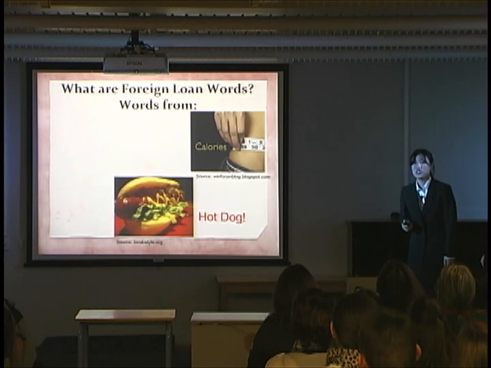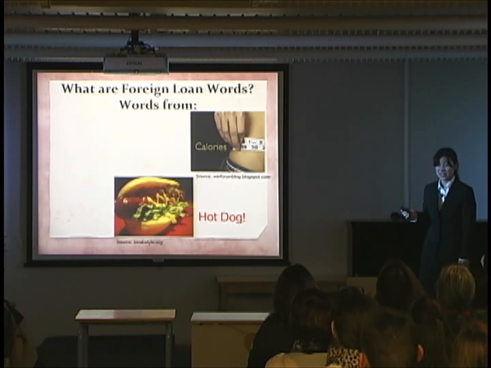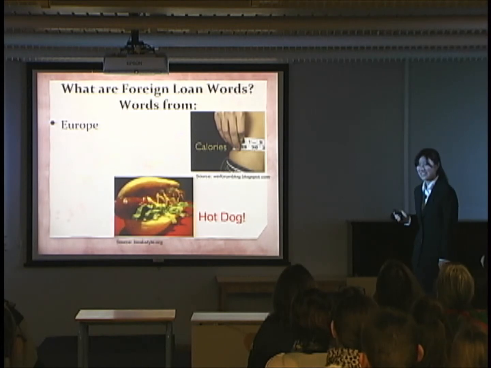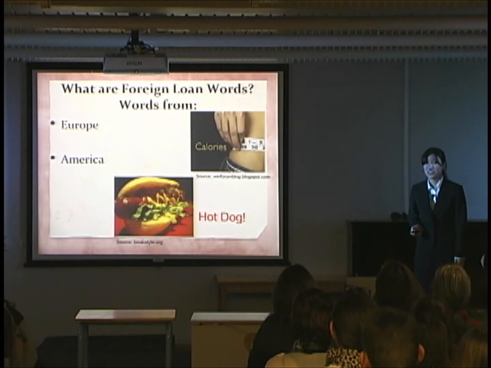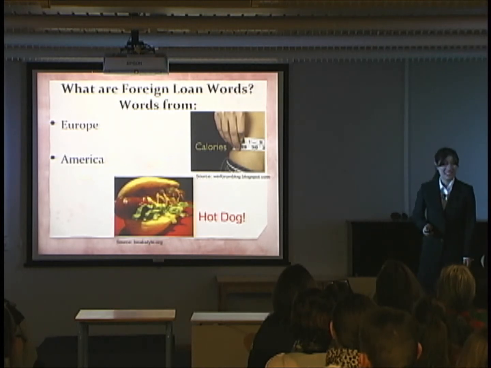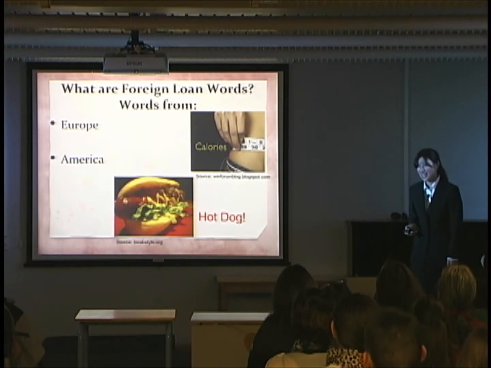Japan has a lot of foreign loanwords, and most of them were greatly influenced by Europe and America. How about Chinese? In old times, we borrowed many words from Chinese. They are called Japanese words of Chinese origin, and they are not considered foreign loanwords.